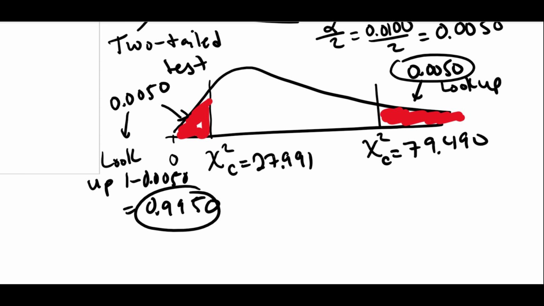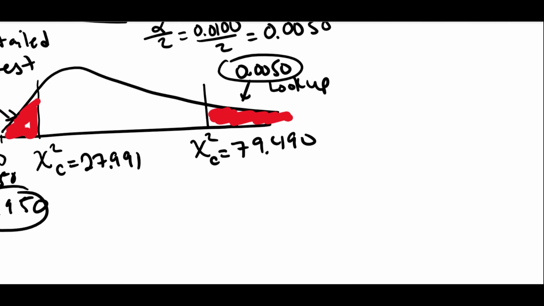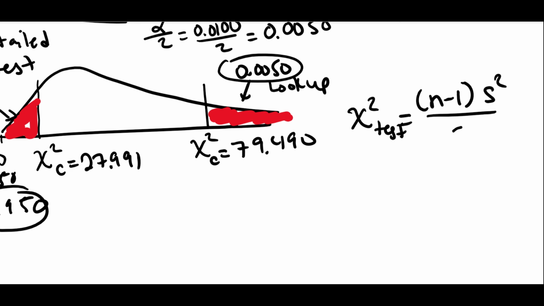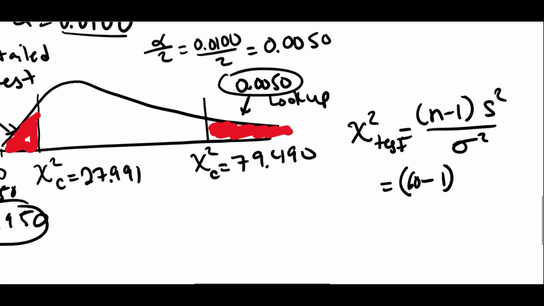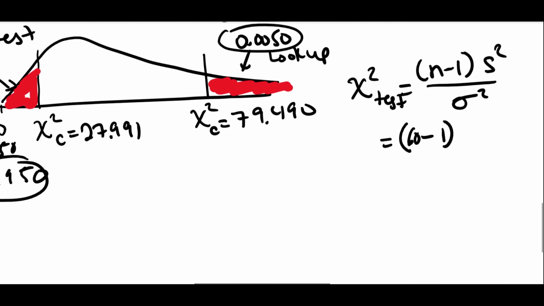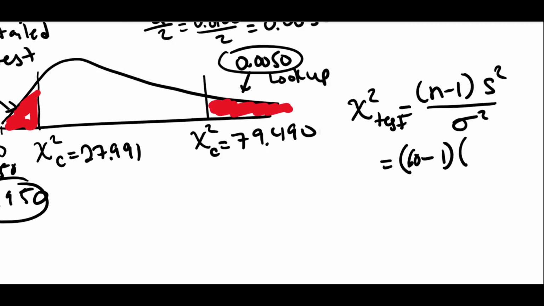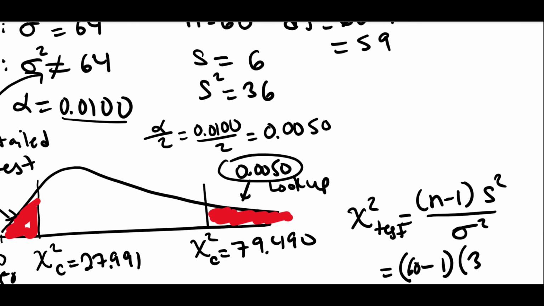Now we can calculate our chi-square test. I'll write down the formula again just so that you have it for your reference. So n minus 1, so we got 50 minus 1, or was it 60? I believe it was 60 minus 1, times s squared. s squared was 36.